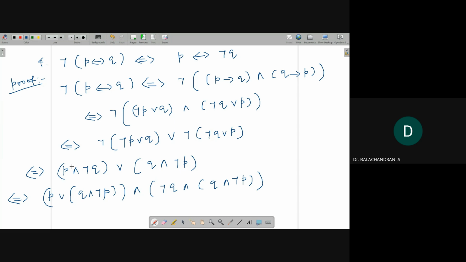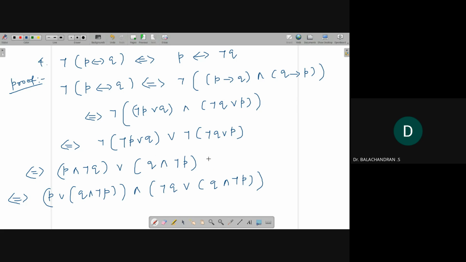Okay, this is A, this is B, everything is C. So A or C, and then and this and is here. B or, again here or, B or.